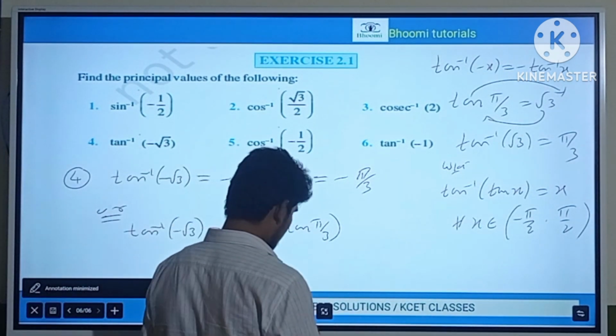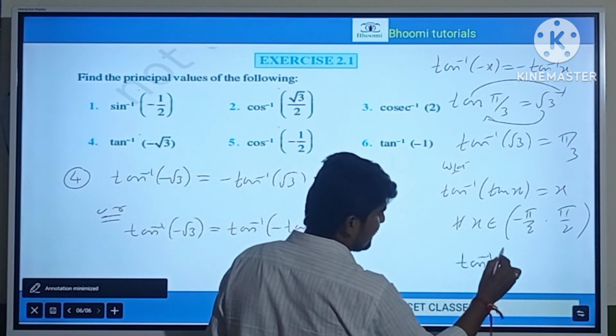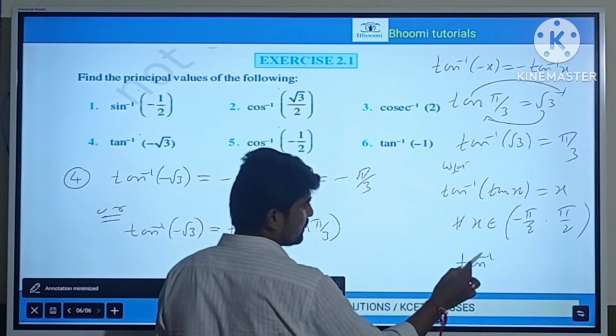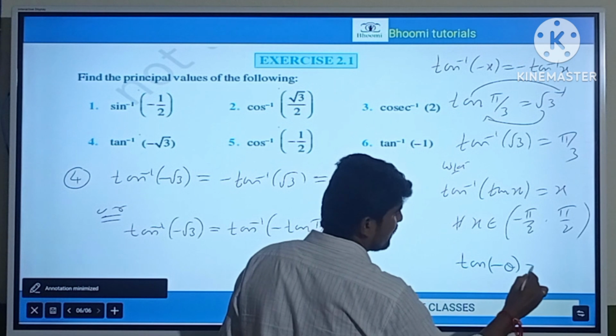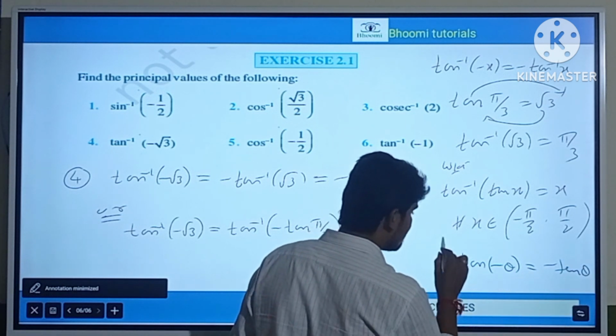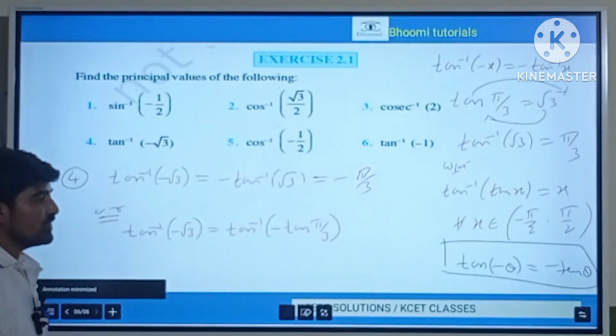We know that tan of minus theta is equal to minus tan theta, the condition of negative angles of trigonometric functions, which is studied in first division.